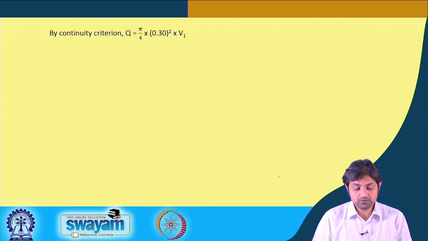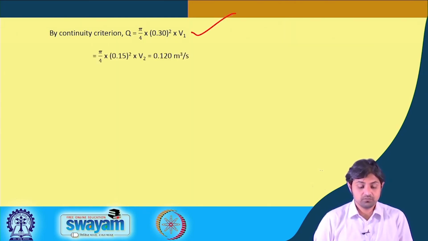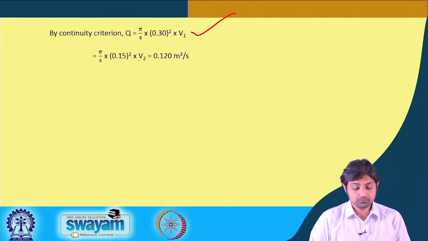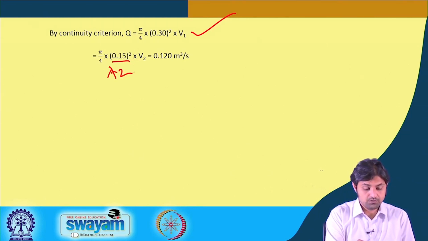So pi d square by 4 into V1 is Q1, and pi by 4 D2 square into V2, where this is A2 and V2, this is A1 and V1.